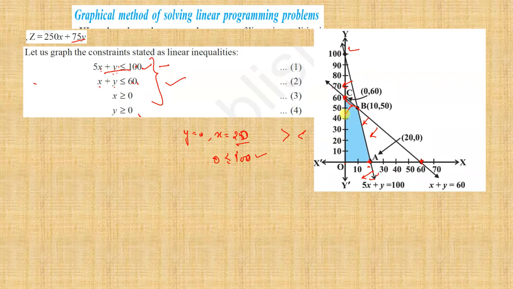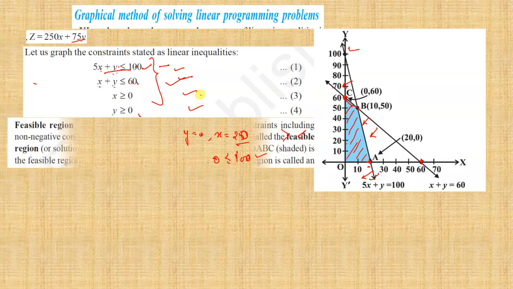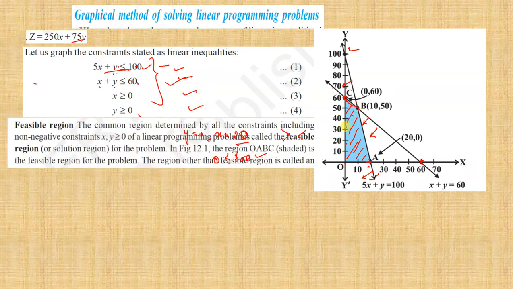So this is the required common part which is satisfied by all the 4 constraints. This common part which is determined by all the given constraints is called the feasible region. And the region other than this feasible region, that is outside this shaded part, is called the infeasible region.